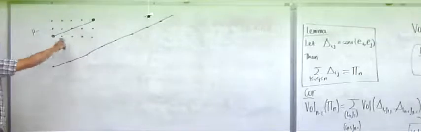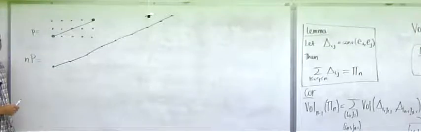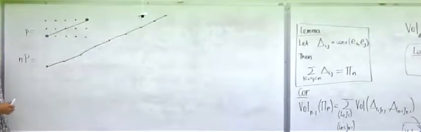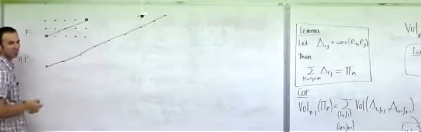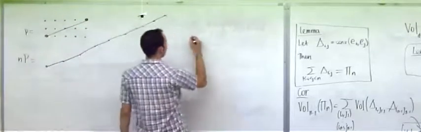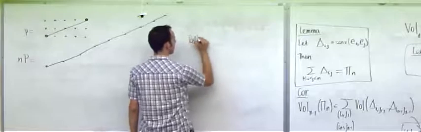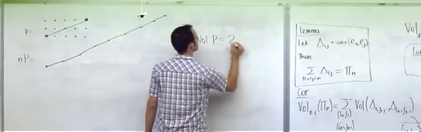What length would you say this is if you were being careless? The most careless possible. 2. Why 2? 1, 2. Okay, I like it. Nice and careless. So that's called relative volume. Relative volume of P is 2.